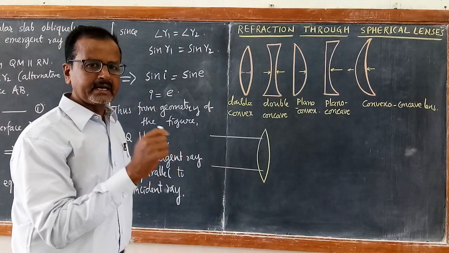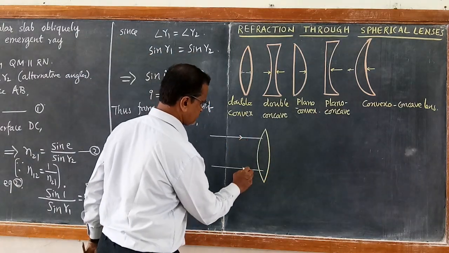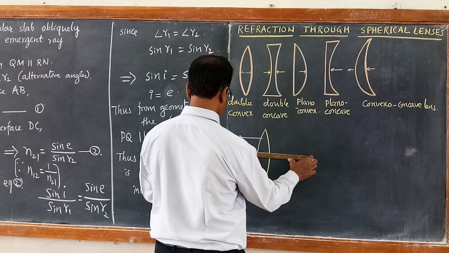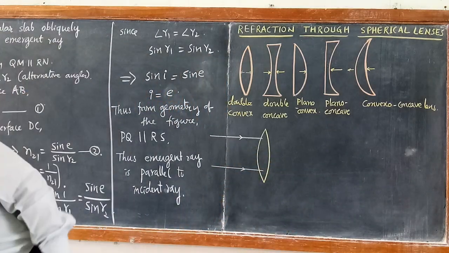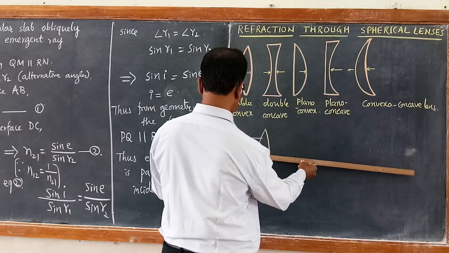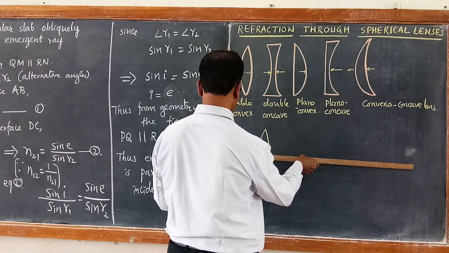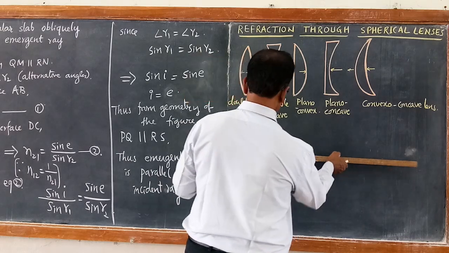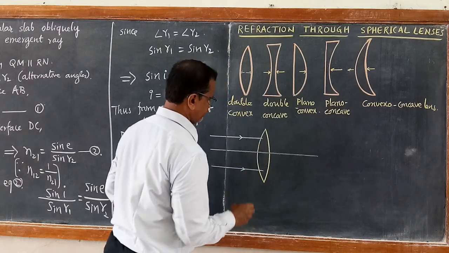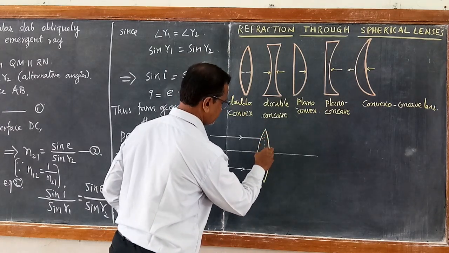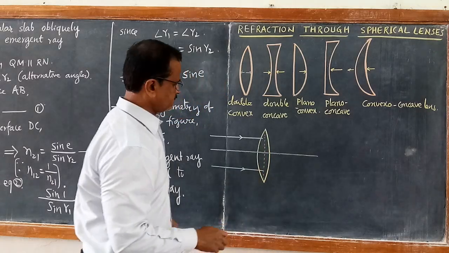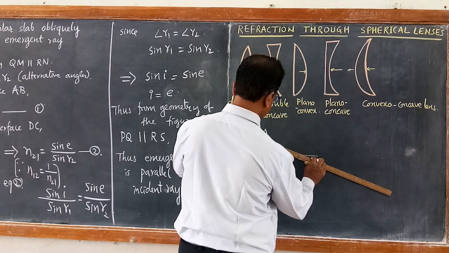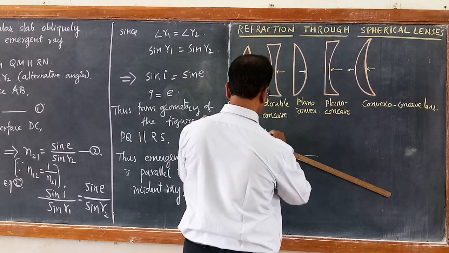A bunch of parallel rays forms a parallel beam of light. So I am drawing a bunch of 3 rays, easy to understand. Then you see, after refraction, this is what we are going to call the optic axis. After refraction, these rays are converging to a point.